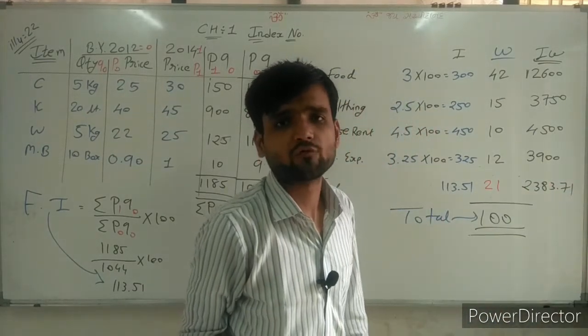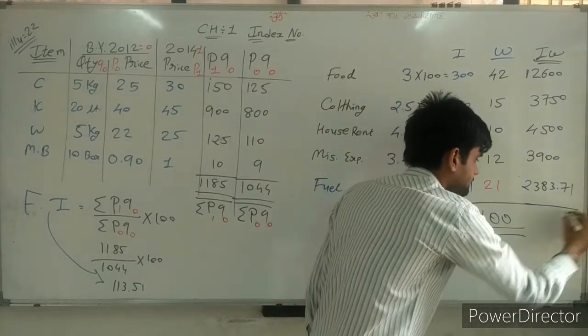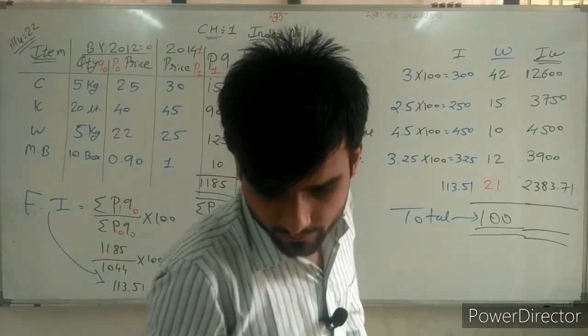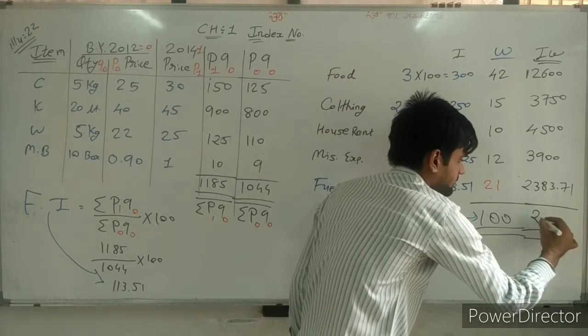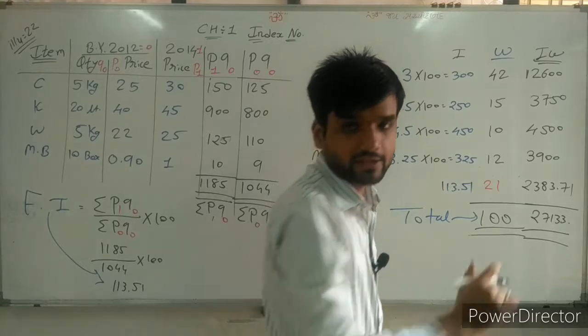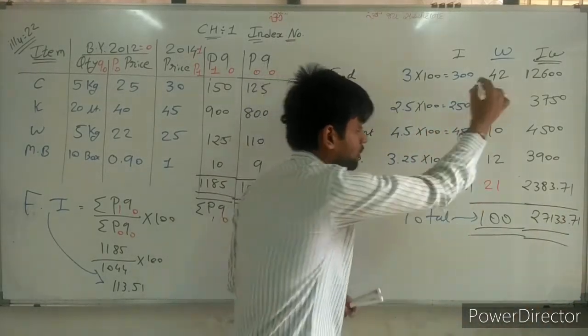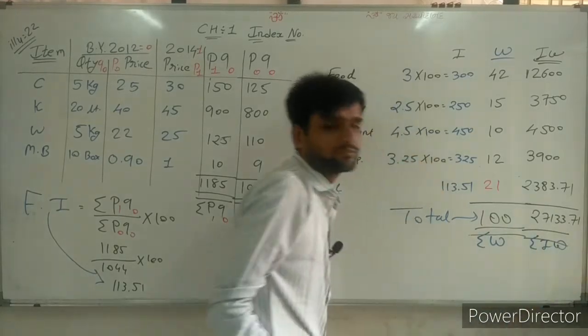So it's the value of IW. Now total of it, sigma IW. So make the total of it. We are getting 27,133.71. So it's my sigma IW.